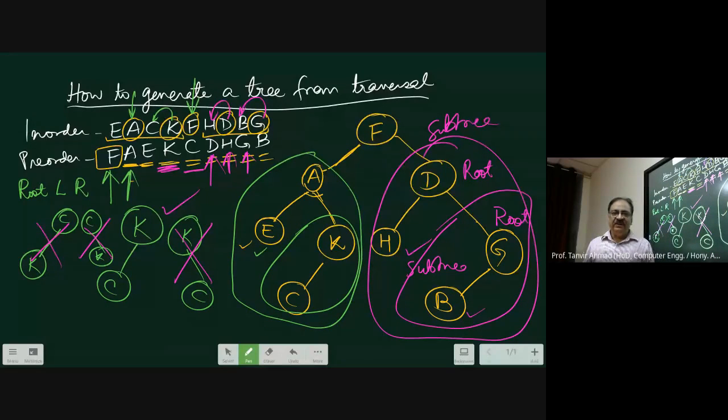And all these are subtrees. Once you come down, you will get a new tree, which is again a subtree, with its own root, own left and own right. And you keep on going like this. And you will end up getting this one, which is the final tree.